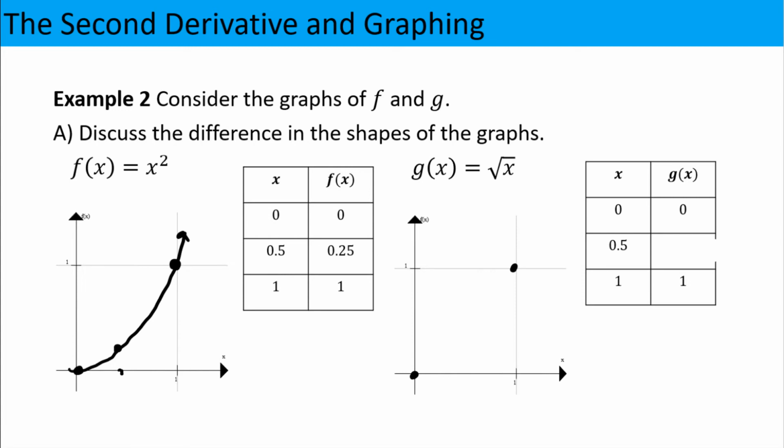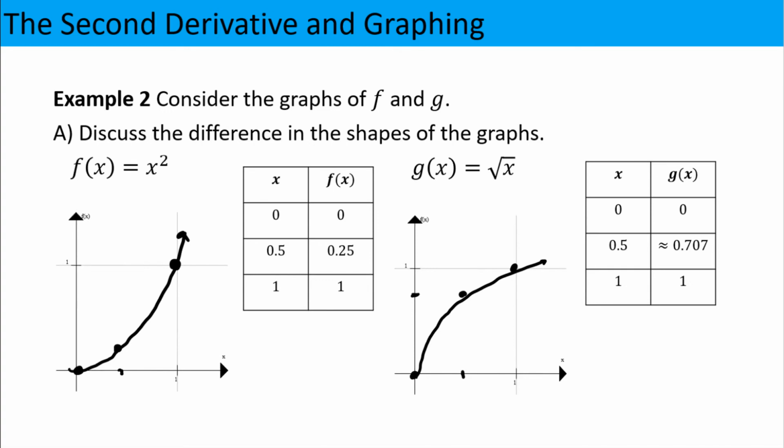Now let's evaluate g of x, the square root of x at 0.5. The square root of 0.5, or the square root of half, is roughly 0.71. So at halfway through 0.5, let's eyeball about 70% of the height. And when we plot that point, the graph is still increasing, but it bowls down.